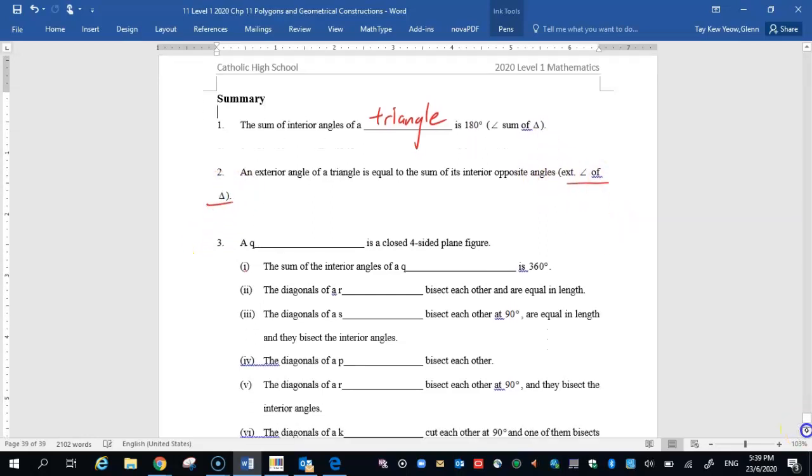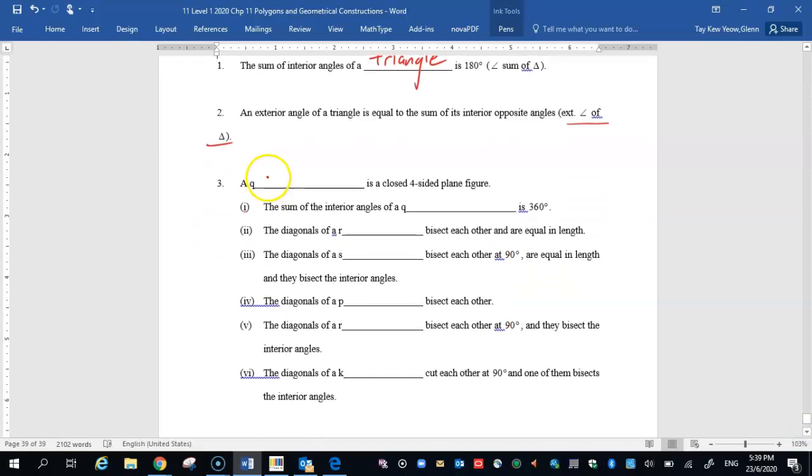Then next is the quadrilateral. Just take note of the spelling. The sum of the interior angles of a quadrilateral is 360 degrees, just like squares and all.